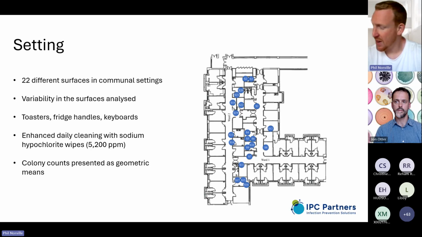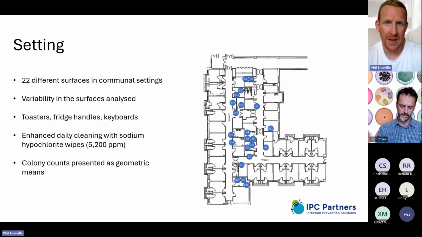And I think this is one of the key things for me as well that I was really interested in, was that this sampling was actually taking place after or during an adenovirus outbreak. So they were already using enhanced environmental decontamination measures. I don't think they mentioned in the paper what routine decontamination is. I think it might have been sodium hypochlorite at a much lower concentration.